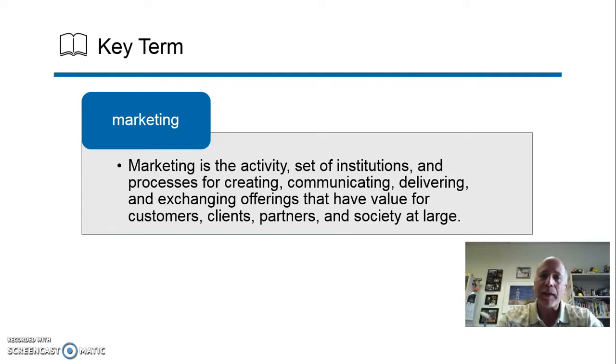So the idea that the marketing folks live by is that what we need to do is communicate what it is that we have of value to potential customers. The customers look at the material, look at material from competitors, and then decide where to purchase their product. That happens here at the college. It happens when you go out to eat at a restaurant.